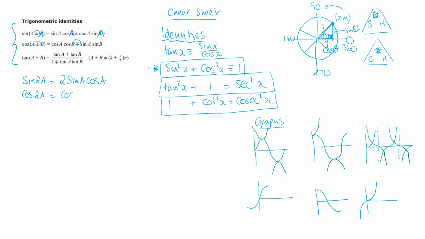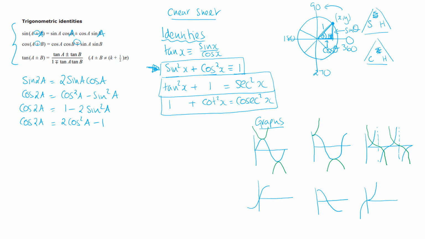So it's going to be cos squared A minus sine squared A. And now just rearranging this identity and substituting in that cos squared is 1 minus sine squared, you're going to get another expression for cos 2A, which is 1 minus 2 sine squared A, and then if we substitute for the sine squared, you get another expression for cos 2A, which is going to be 2 cos squared A minus 1. So you get 3 versions of cos 2A, and depending on what's in the question is which one you're going to use.